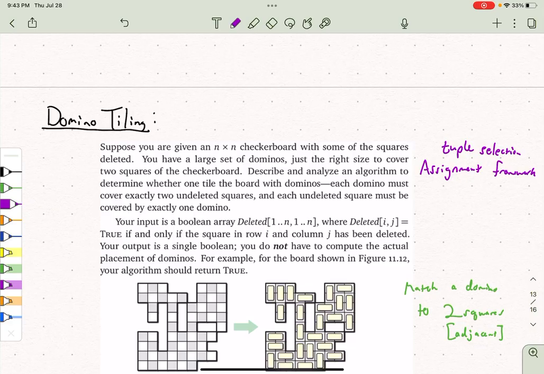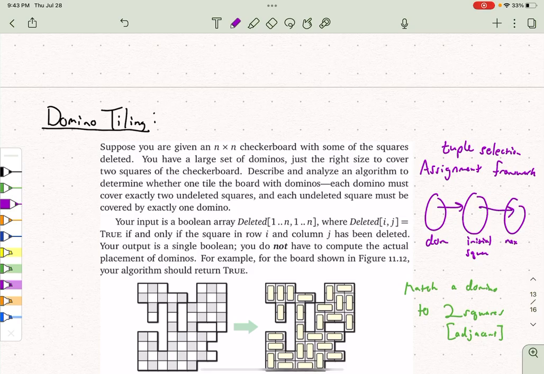And we can do something like assign a domino to an initial square, and then once we decide the initial square, we can then decide the next square. So overall, we are placing a domino on two squares. So that's going to be the idea.